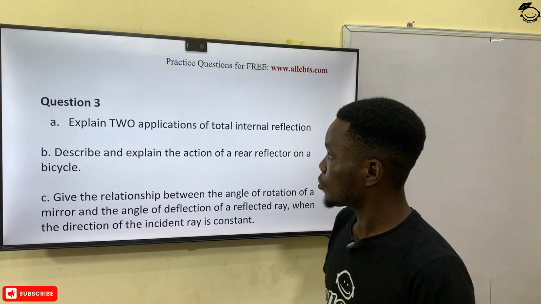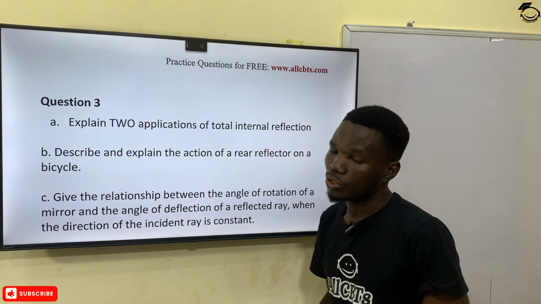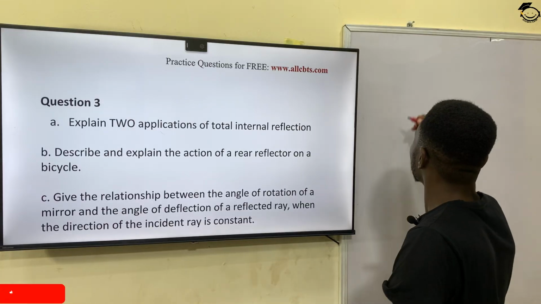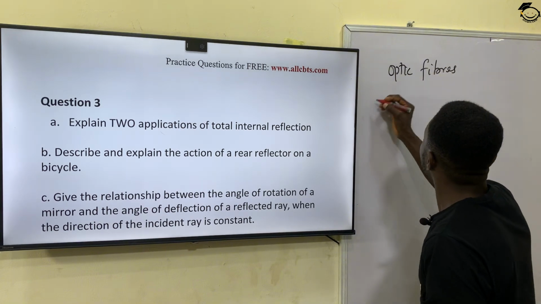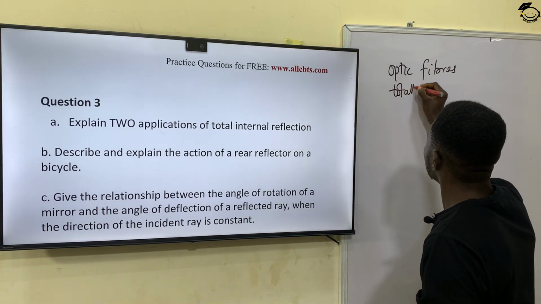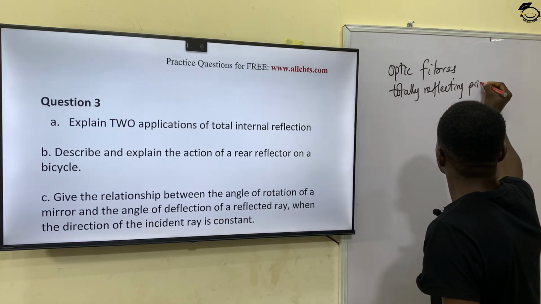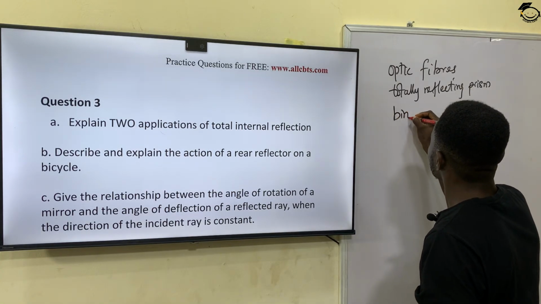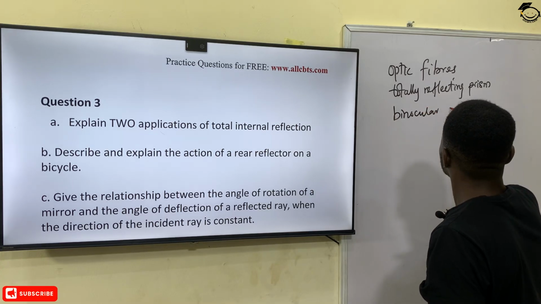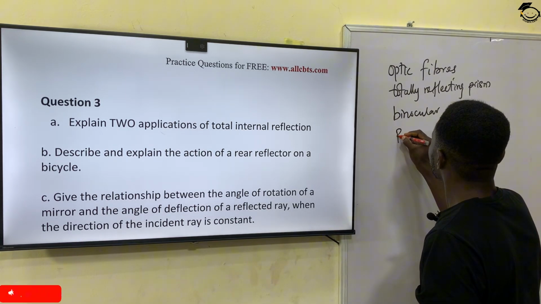Moving on to the next question, which is question number 3. Question number 3A says, explain 2 applications of total internal reflection. Some of the applications of total internal reflection include the optic fibers, your totally reflecting prism, your binocular prism, and your periscope prism.